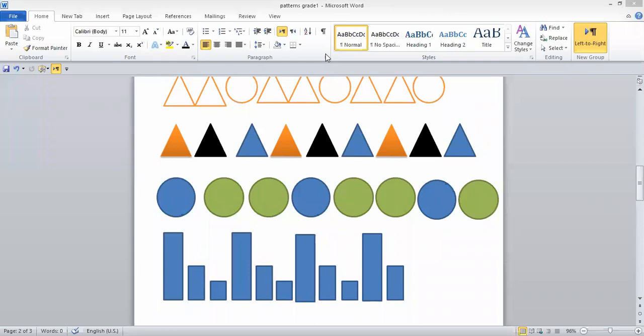If you have questions, you can send me a message in the chat box. I can see your message, I can read it, and I can open your mic and take your questions. All right, guys. So you know about patterns, that we can make patterns with shapes, with different colors, and with sizes also.